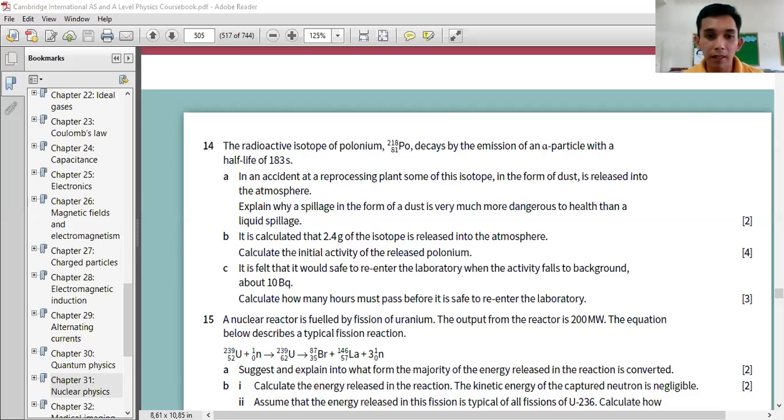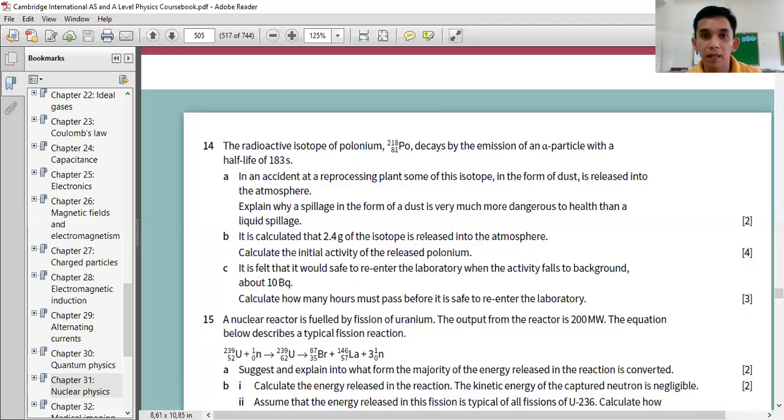Number 14b. It is calculated that 2.4 grams of this isotope is released into the atmosphere. Calculate the initial activity of the released polonium. So here we can use the formula N equals 2.4 over 218 times Na. Why 218 times Na?